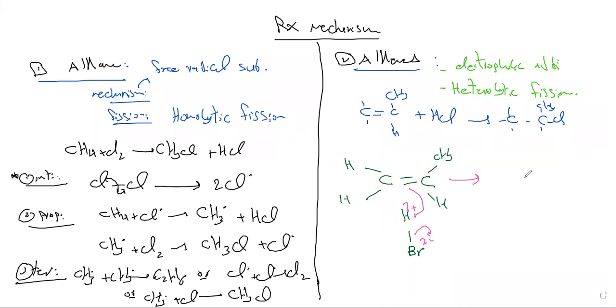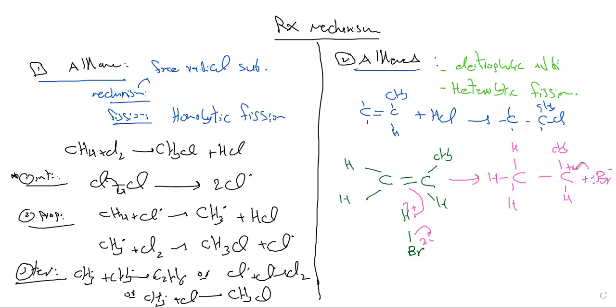Then the addition will be C single bond C, and H will be with the carbon with more H, and Br will be with the carbon with less H. So the double bond will be a single bond, and then adding the positive charge on the other side. Then CH3 and H plus Br negative with lone pair.